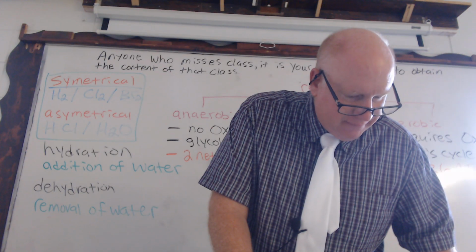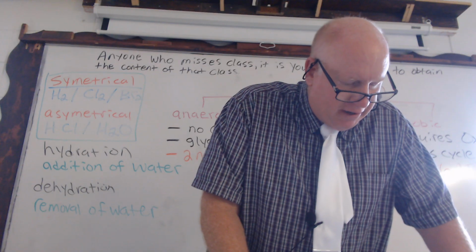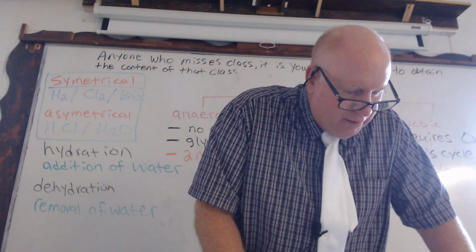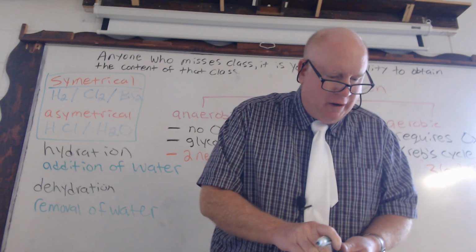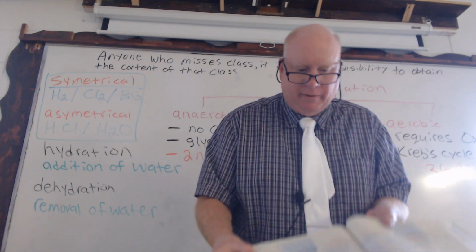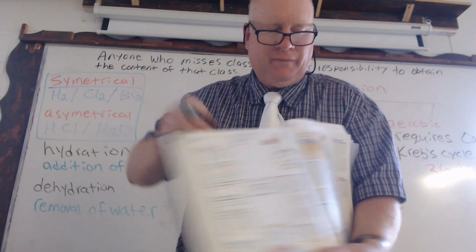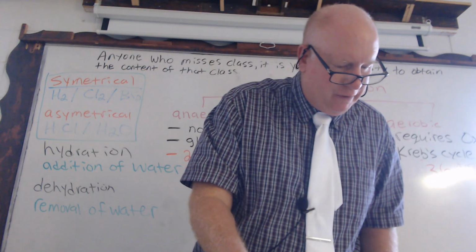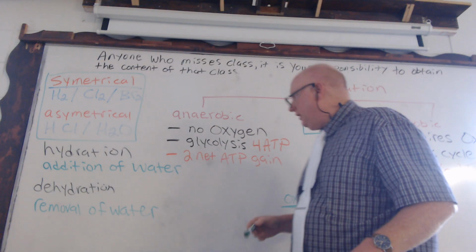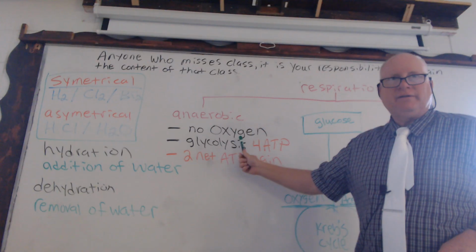So if we back up just one page to 230, figure 13 is talking about this entire process. Notice that it says pyruvate from glycolysis. So what it's talking about here, this is what we're referring to, this diagram right here. How many ATP are we getting from this glycolysis?